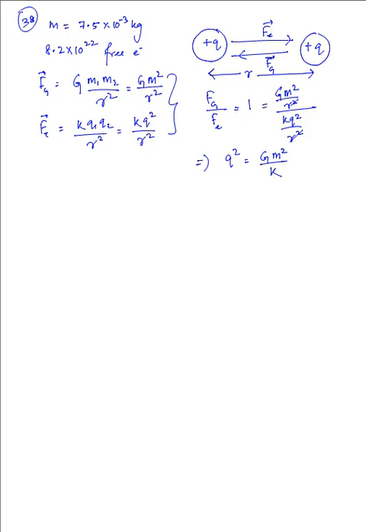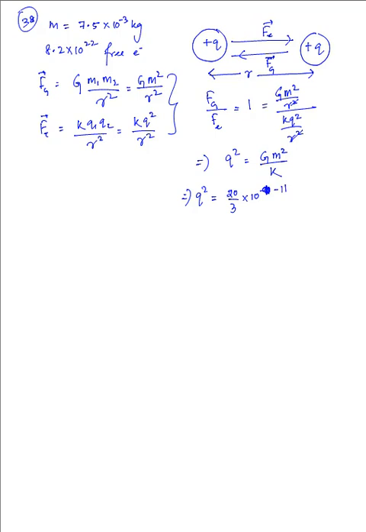Now in this case you have q squared equal to, G is 6.67 times 10 raised to the power minus 11. If you remember, 6.67 is 20 over 3. You can take that as 20 over 3 times 10 raised to the power minus 11. Let me write that clearly for you.